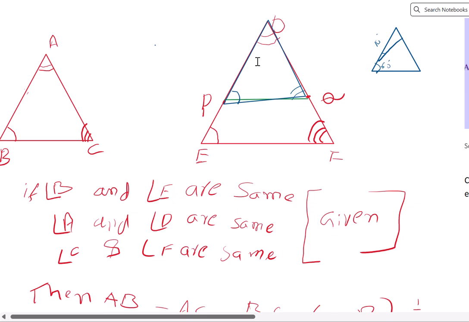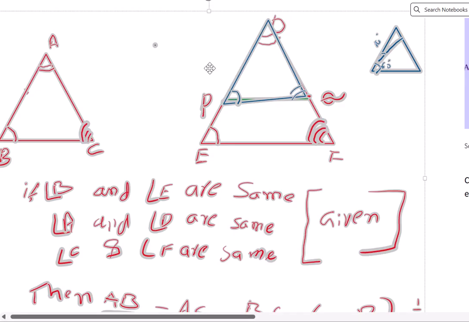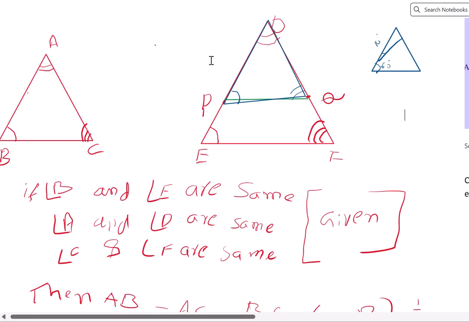PE plus DP is DE, and similarly DQ plus QF is DF. So we are replacing DP plus PE with DE, because adding DP and PE forms DE. That is why we are writing this.